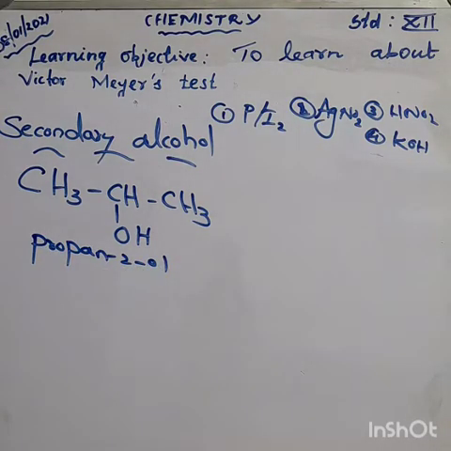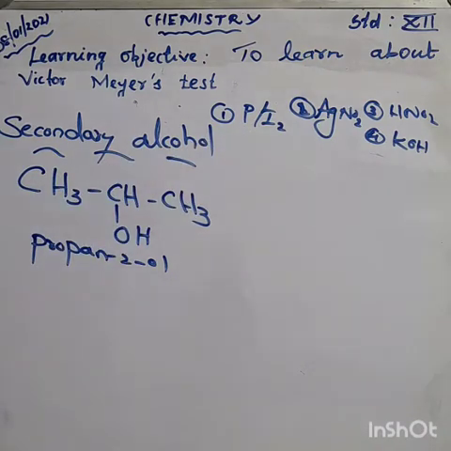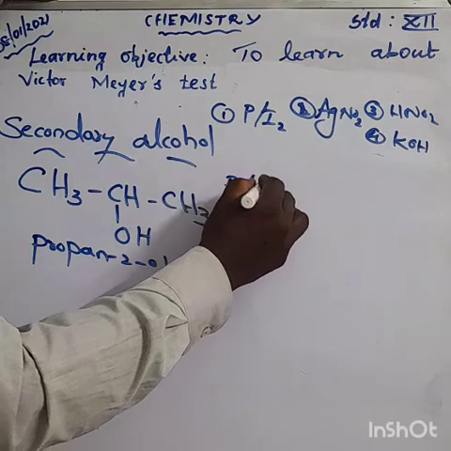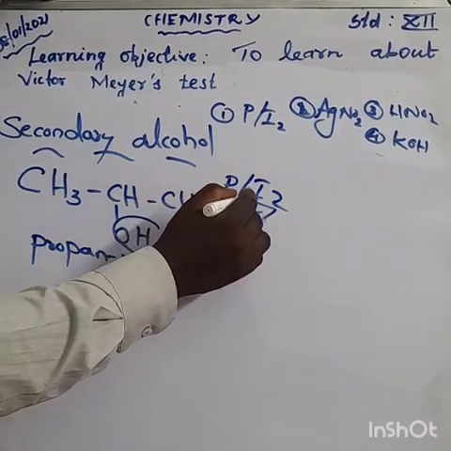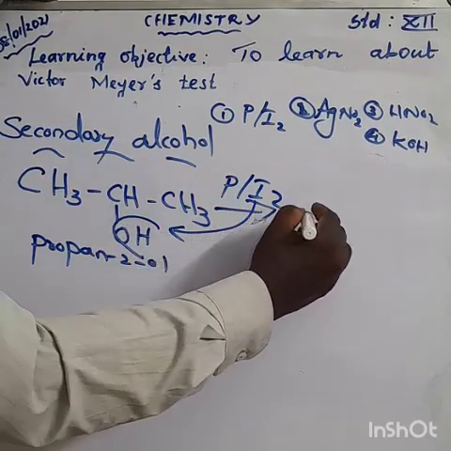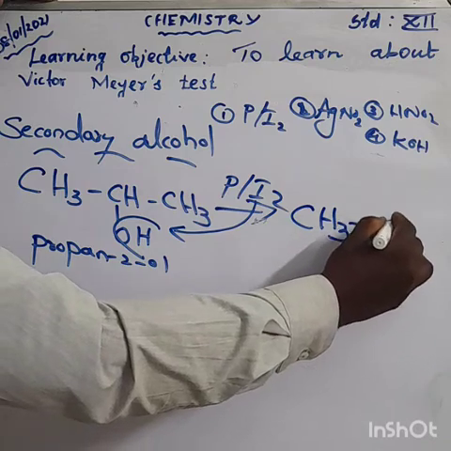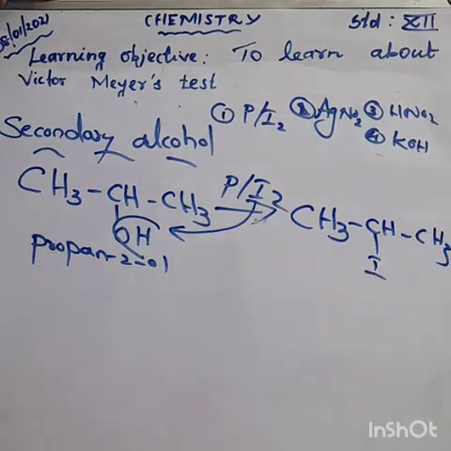Here, the first reagent we are using is phosphorus and iodine, am I right? Phosphorus and I2 replace the OH and add an I, okay? So what is the compound here? CH3CHICH3.